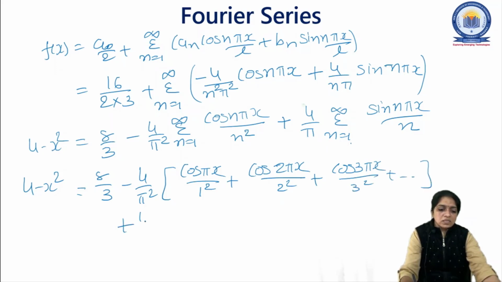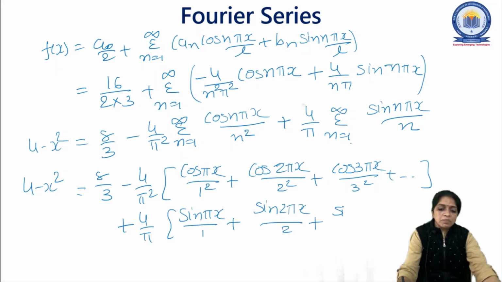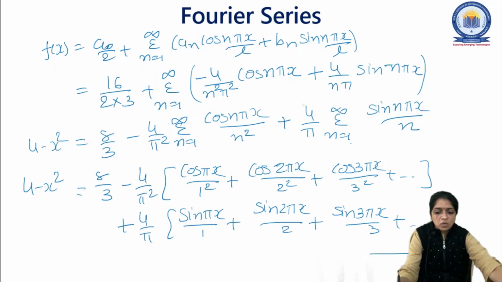Similarly, in the last term, 4 upon π, that is sin πx upon 1, sin 2πx upon 2, sin 3πx upon 3, plus and so on. So this is star.